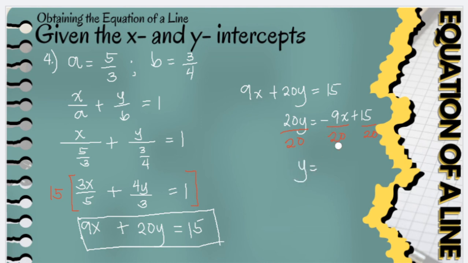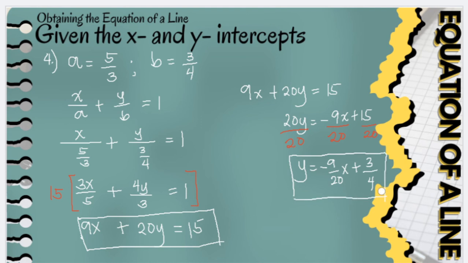And negative 9 over 20, wala na siyang lowest term, no? So, mananatili na siyang negative 9 over 20 x. Then plus 15 over 20, meron pa siyang lowest term. Pwede siyang i-divide parehas ng 5. Tama? So, 15 divided by 5 is 3. And 20 divided by 5 is 4. Okay. So, that's it.